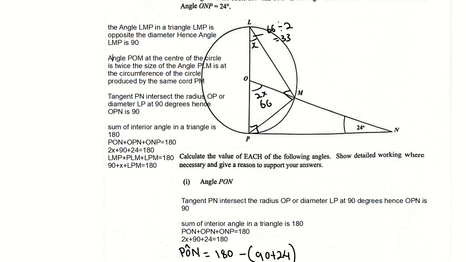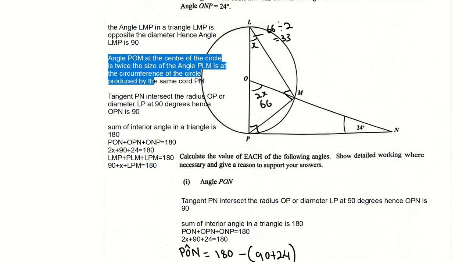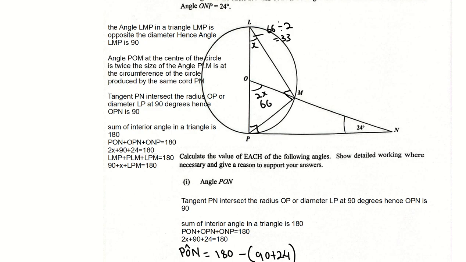Angle POM at the center of the circle is twice the size of angle PLM at the circumference, hence produced by the same force. So I'm going to copy this, put it in the next page. Let's just zoom in.